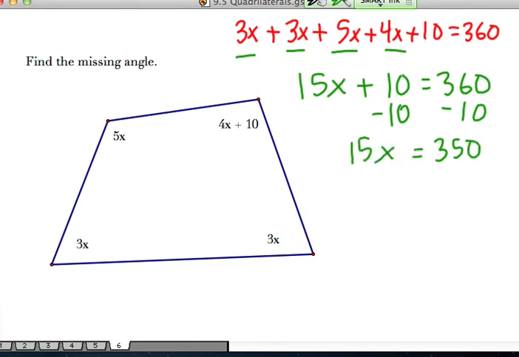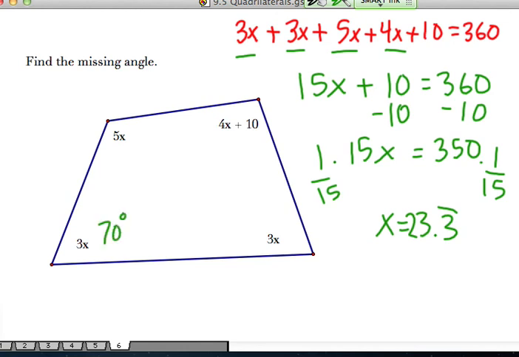And then if I do my 350 divided by 15, I get a lovely repeating number, 23.3 repeating. For our purposes, you can round it if you like. If you end up multiplying it by 3, you get roughly 70 degrees, okay?